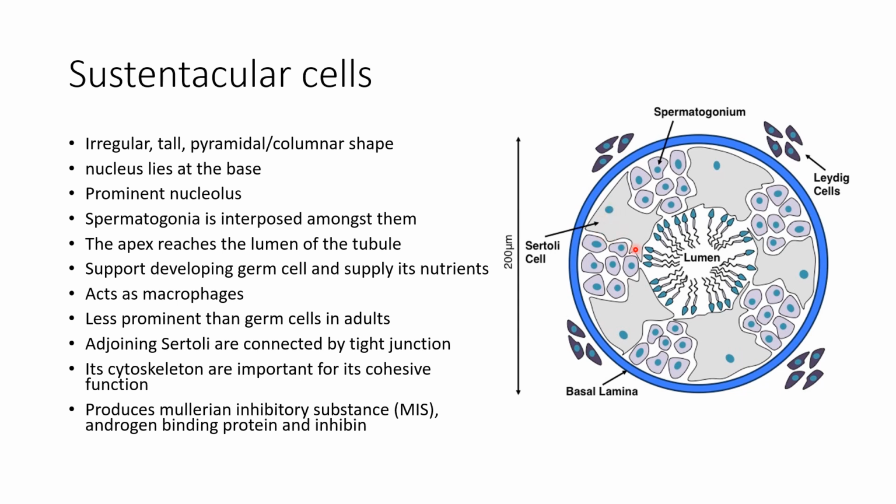By the way, this is not a histology slide or a micrograph. This is just a made-up diagram to depict the histological positioning of some of the cells. It has the prominent nucleus which lies at the base, and you have an interposition of the spermatogonium around them.